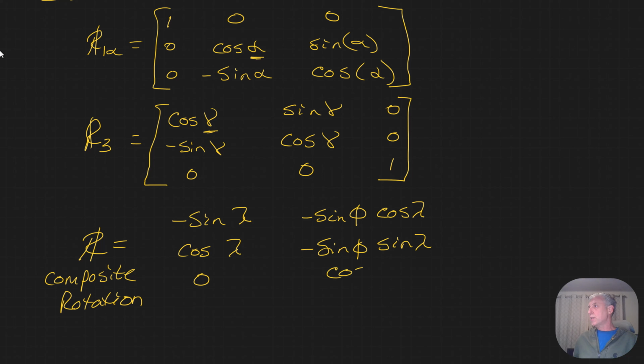And cos phi, and then here it's cos phi for the third column, cos lambda, and cos phi sine lambda, and then just sine phi.